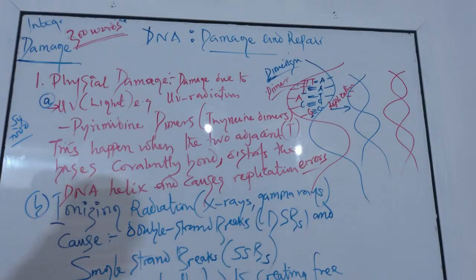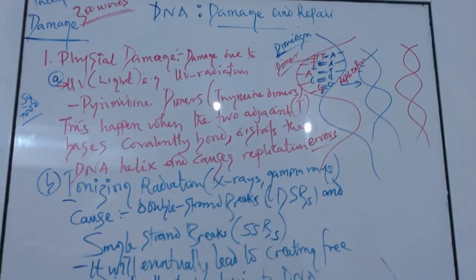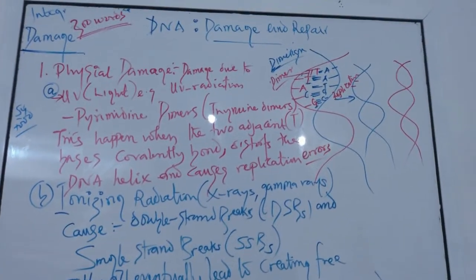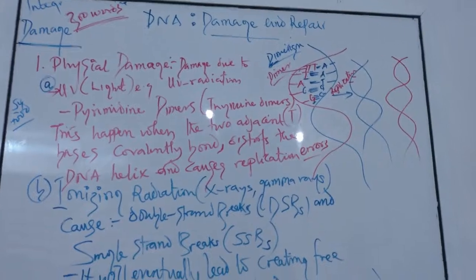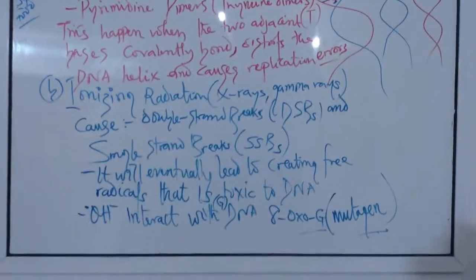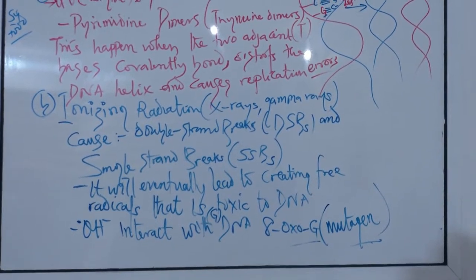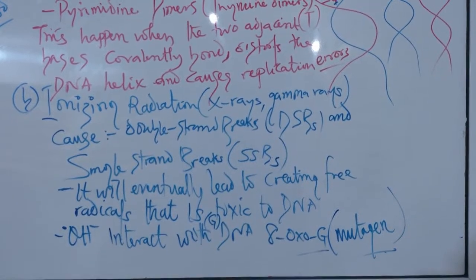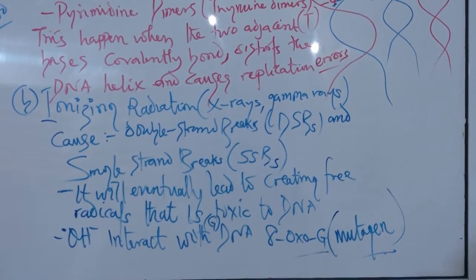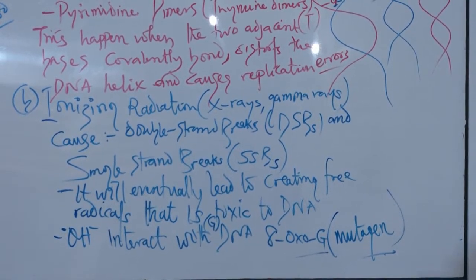So these are the two areas whereby our DNA is so prone to physical damage, due to ultraviolet rays as well as ionizing agents like our X-ray as well as our gamma ray, which they use in preserving some of the canned food products that is being consumed by us.